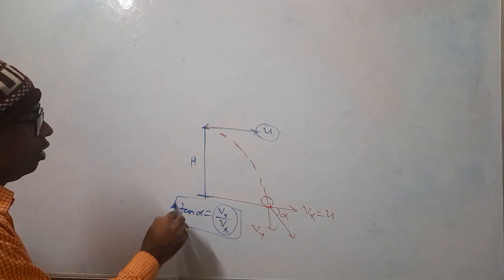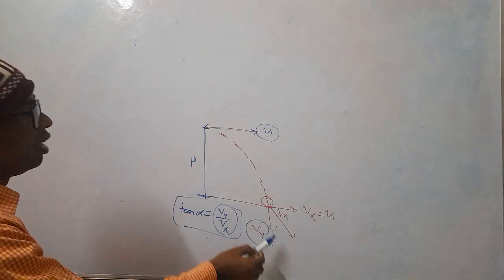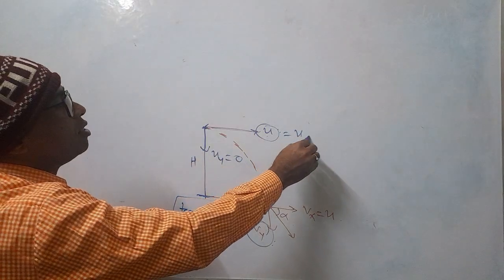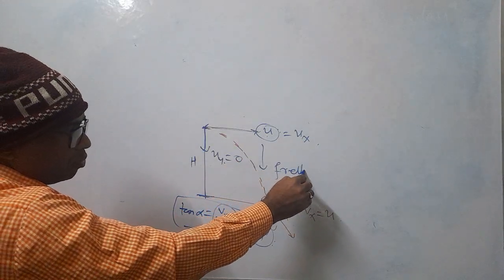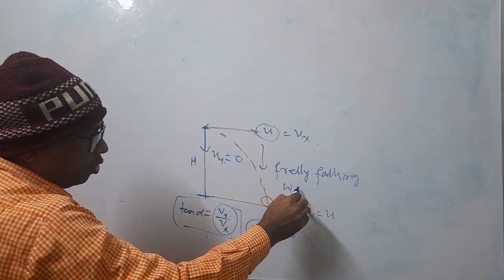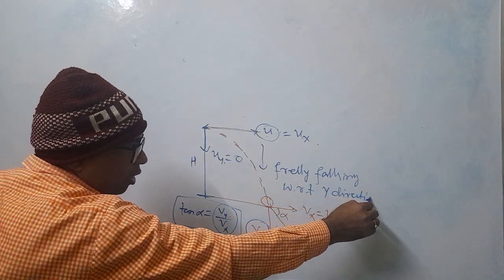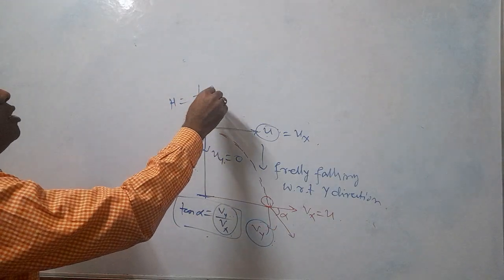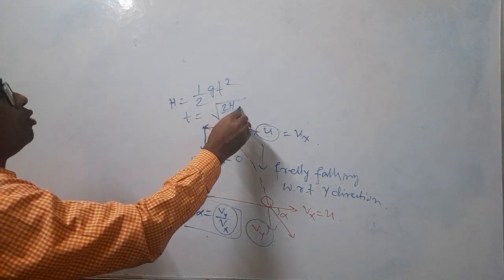Here Uy is 0 and Ux is u, so it is a freely falling body with respect to the y direction, and h equals half gt square. So time of flight is root over 2h by g.